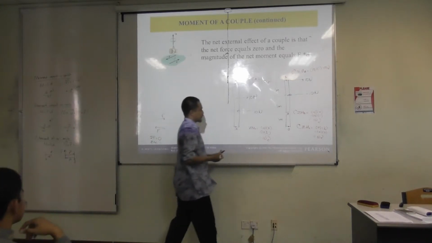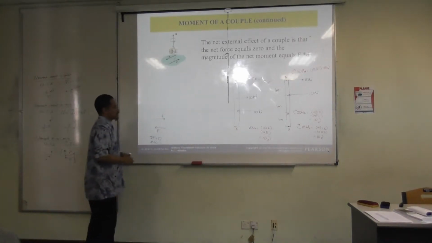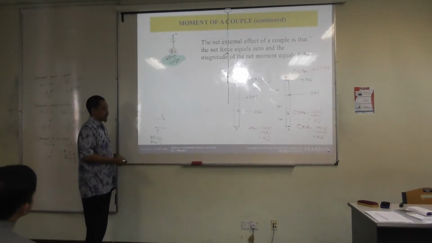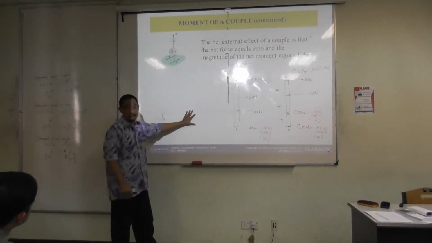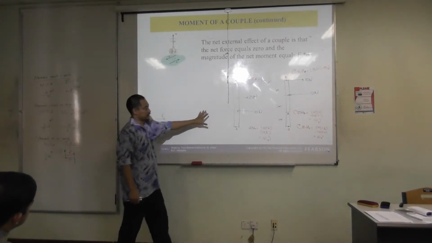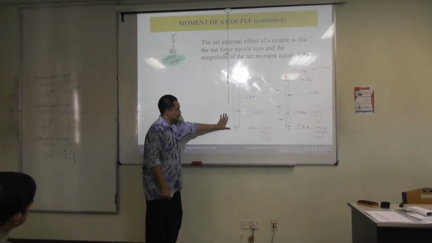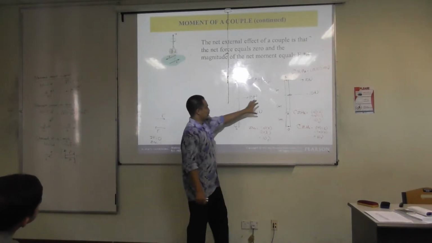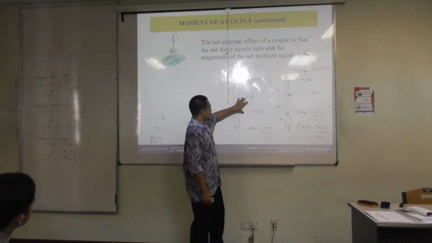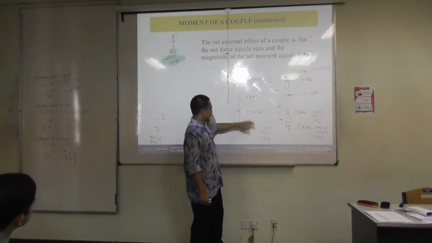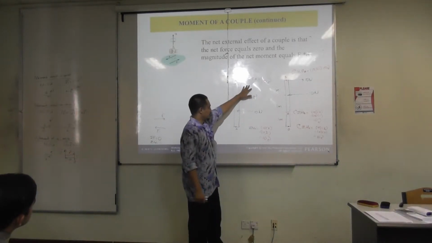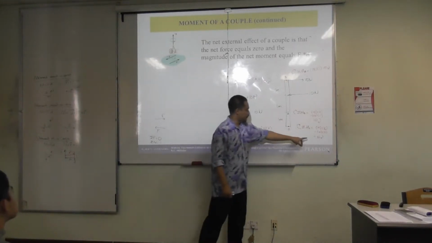So you'll notice that the couple is expressed in that way, the net effect doesn't change, meaning wherever the couple is, and considering any point, the level of moment is the same, right?